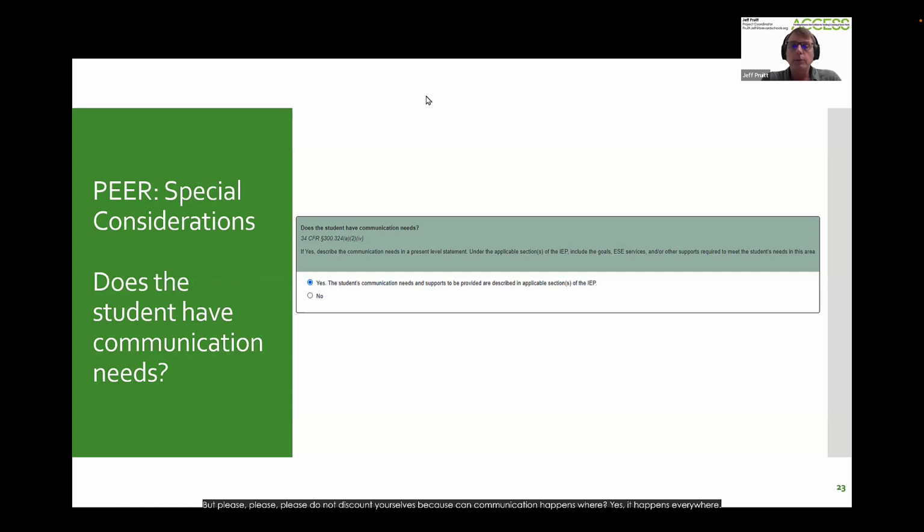But please, please, please do not discount yourselves, because communication happens where? Yes, it happens everywhere. I'll give an example. Do I ever have to do math while in PE? Yes. Just because I have an abacus in math doesn't mean I may not need that abacus if I'm doing, what do they call it?